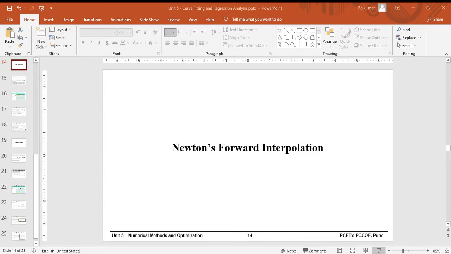So this is the polynomial of nth degree, and from the memorizing point of view, this formula is much easier to memorize. We start with y naught, and the last term is del raised to n y naught.